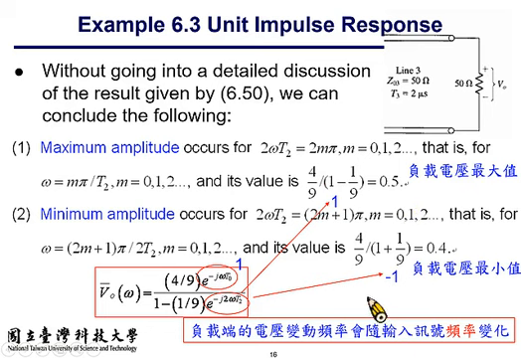And for other omega values, the magnitude will vary between 0.5 and 0.4.